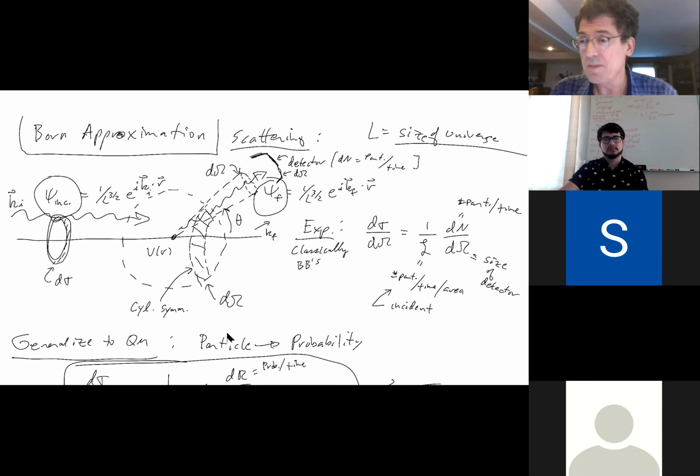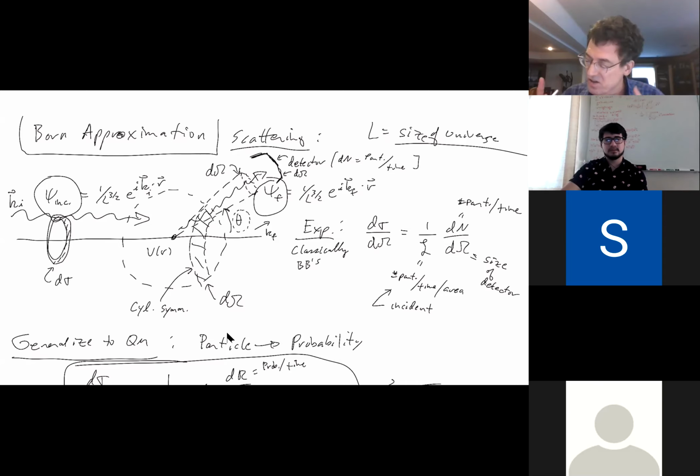Do you see them? So the first one would be k sub i, and then the second one is k sub f. Yeah, because k sub f is going at the angle theta. You see it? This is theta right here. I'm circling it. Do you see that? Yeah, that makes sense.